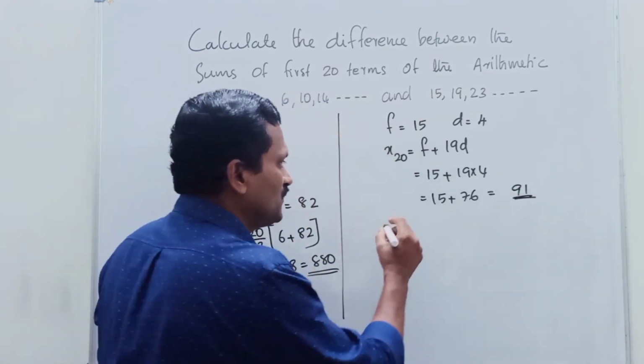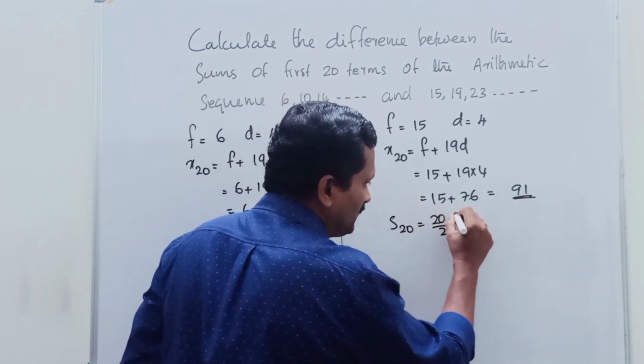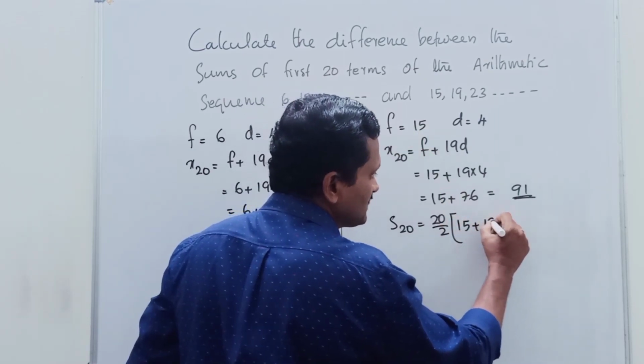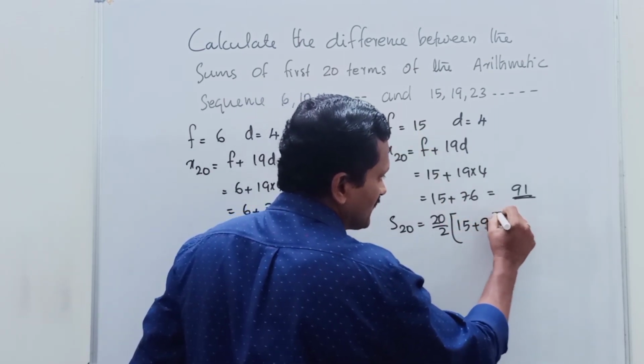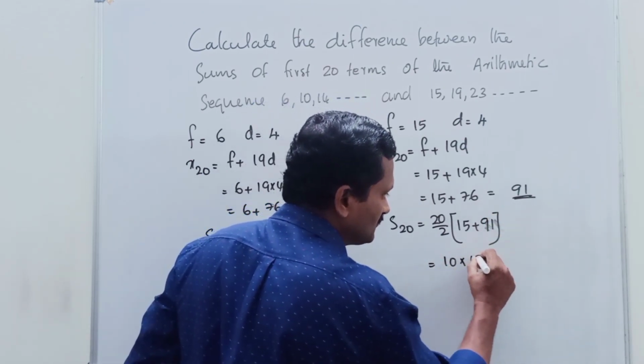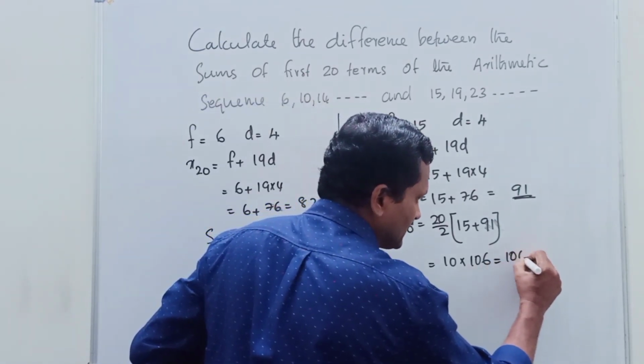Then the sum of the first 20 terms S20 equals 20 by 2 into, here the first term is 15 plus 91, that is 10 into 106, which equals 1060.